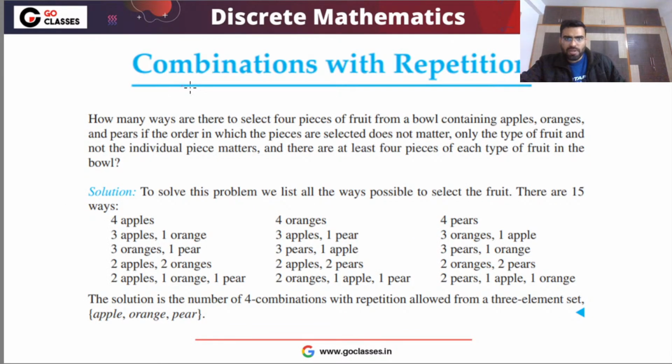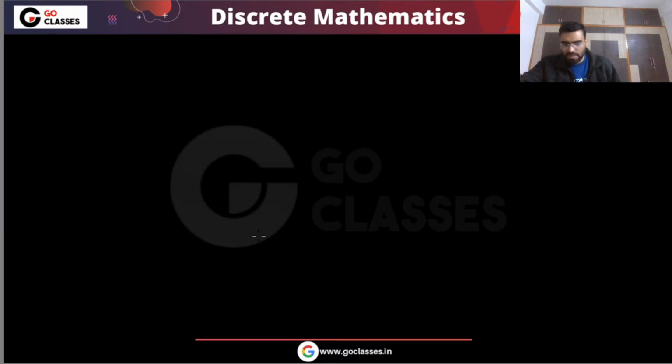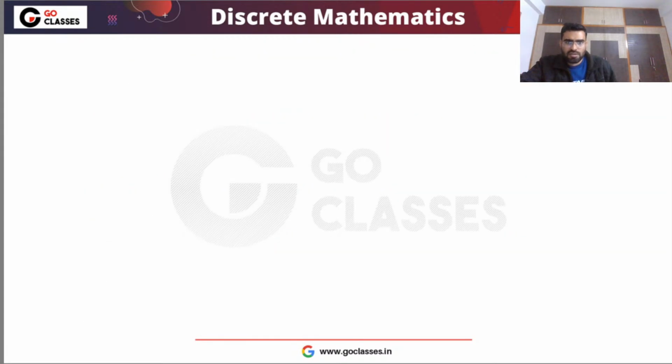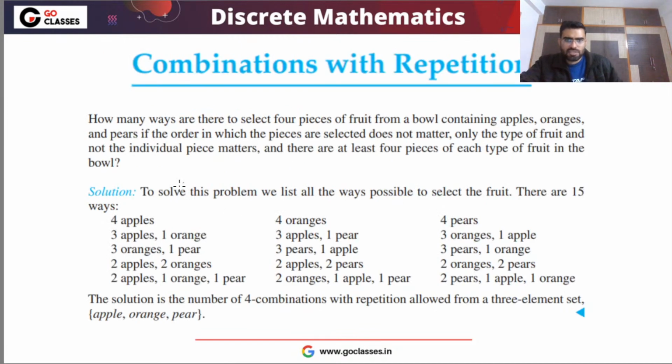Now, combination with repetition also follows the same template. For example, consider this question. You have apples, oranges, pears, and we want to select four pieces of fruit.